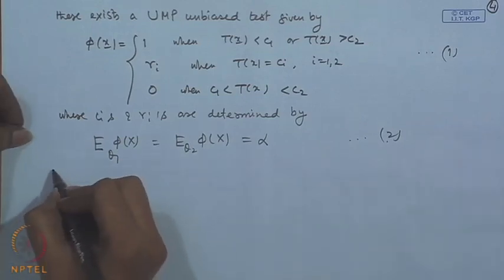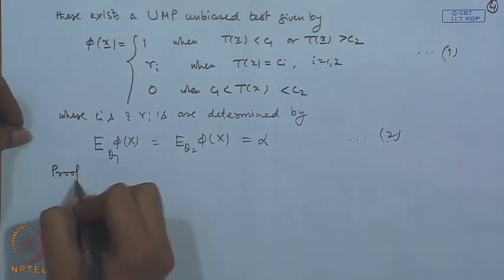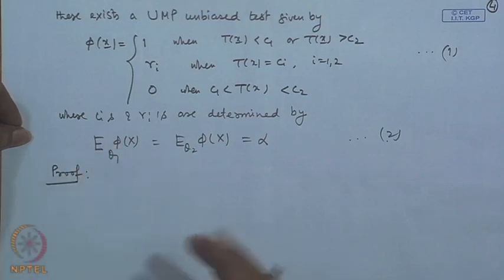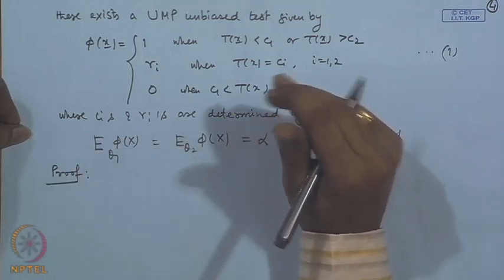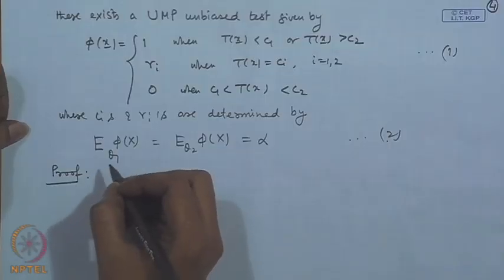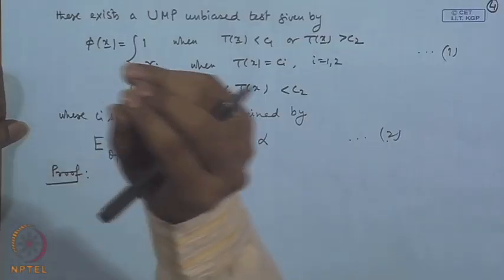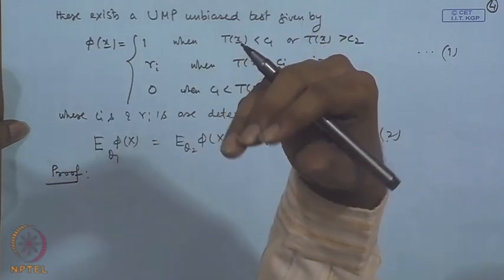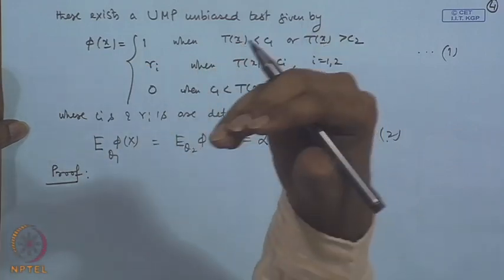Let me briefly sketch the proof of this, although I have been skipping the proofs of the theorems. In fact, for the detailed proofs one can look at the book of Lehmann and Romano or Rohatgi and Saleh, etc. However, a few of the proofs I will just simply sketch here. So, here the distribution is in the exponential family.